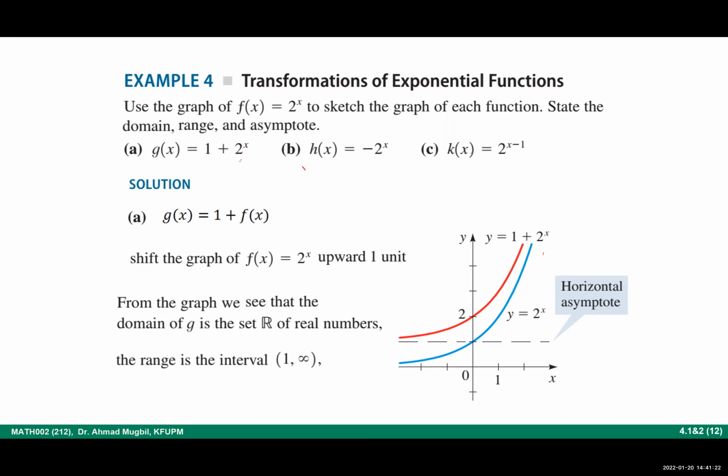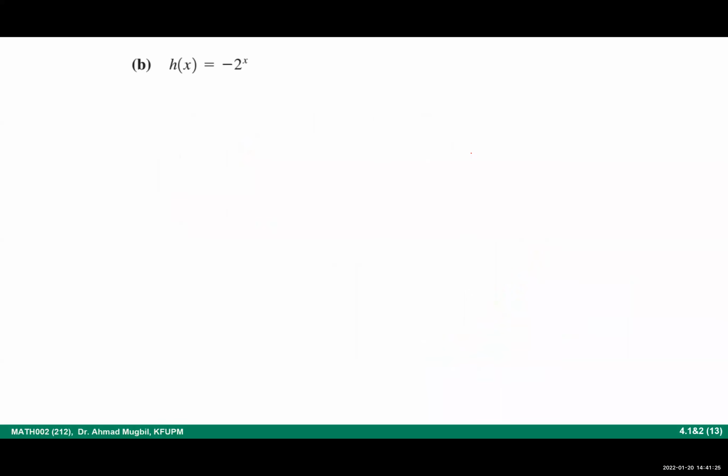What about this one? H of x equals negative 2 to the power x. It is the same as the graph of 2 to the power x reflected in the x-axis or the y-axis? Please, is it reflection in the x-axis or the y-axis? In the x-axis.